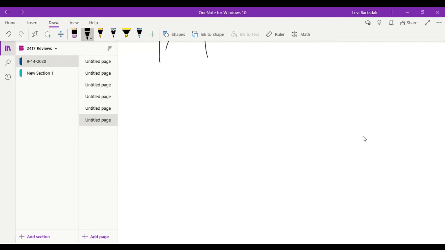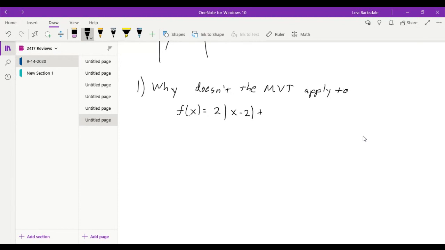So let's go ahead and do a couple of practice problems. We'll start with the conceptual one. Why doesn't the mean value theorem apply to the function f of x equals 2 absolute value of x minus 2 plus 3 on the interval from 1 to 3?